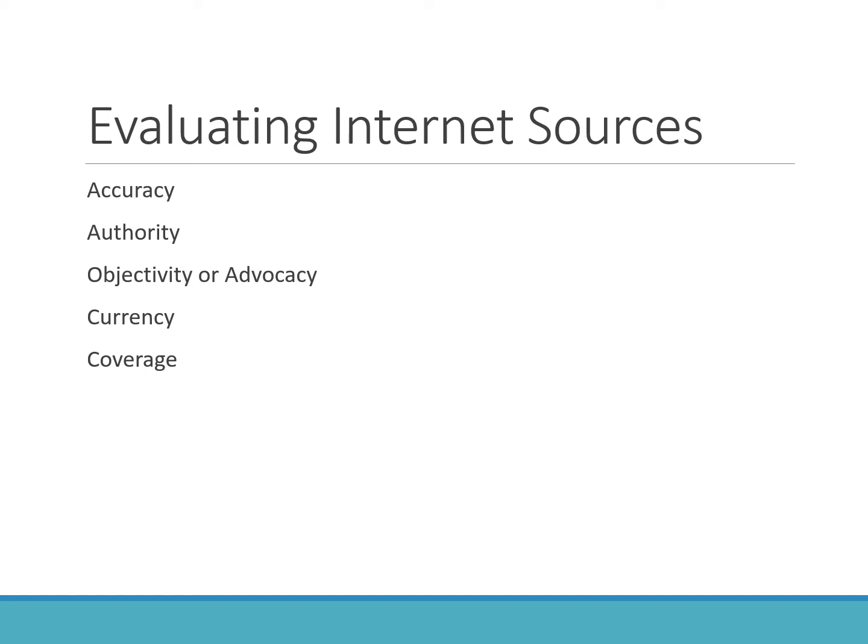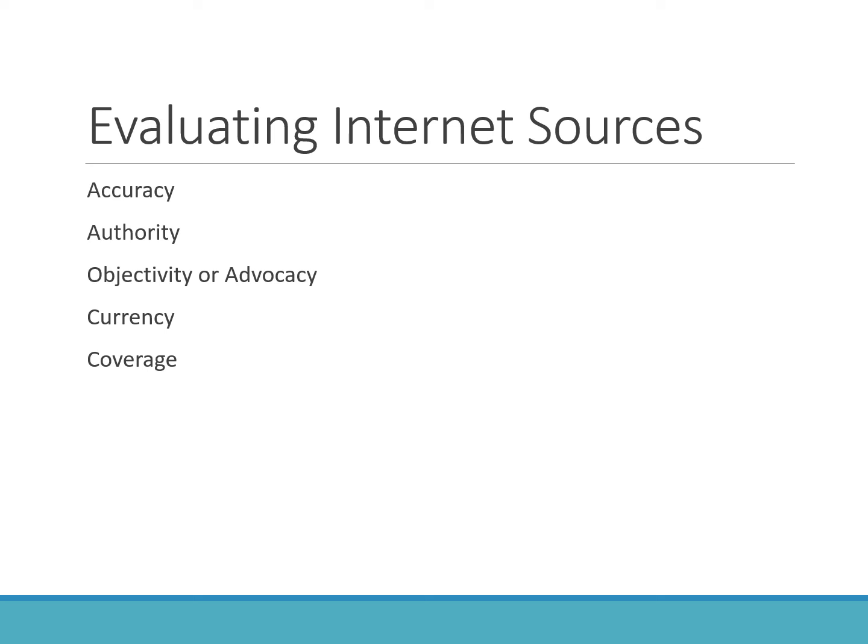A couple other things to be thinking about when you're evaluating an internet source. You want to remember that they may serve as a starting point. So we were talking about formulating ideas, about using Wikipedia to focus your topic. When you have an idea for a topic and want to narrow it down, you might start there.